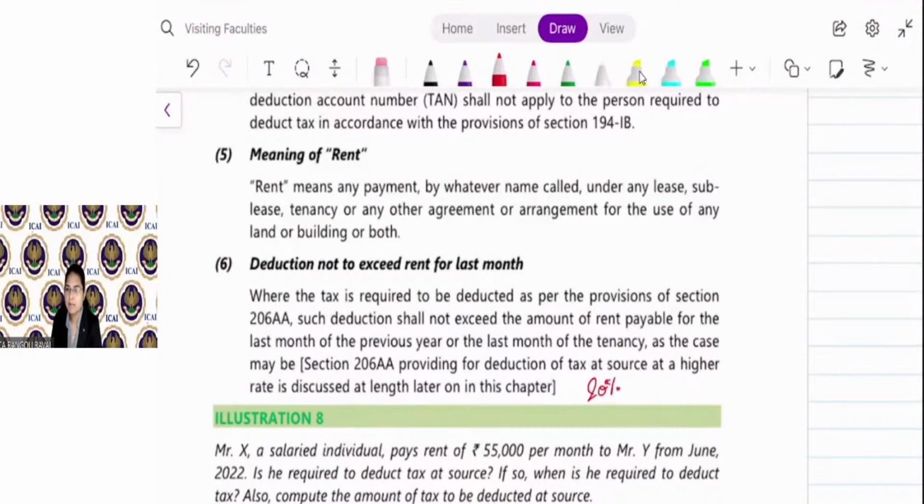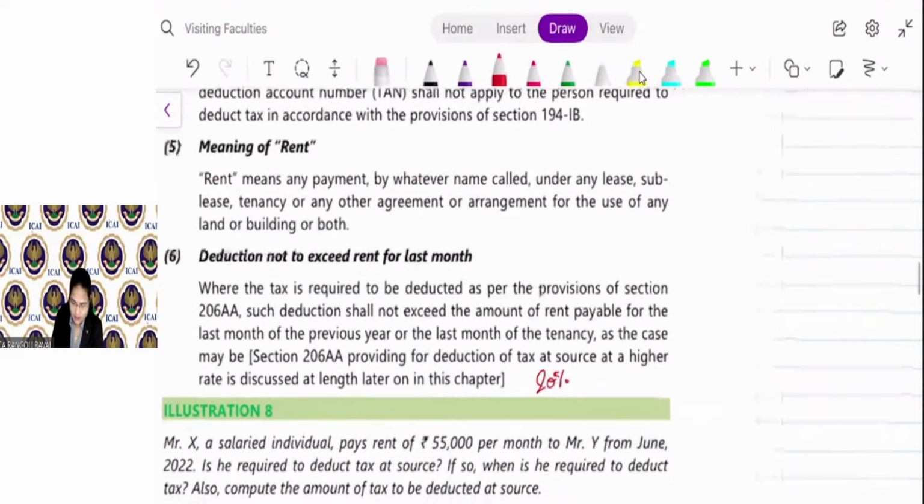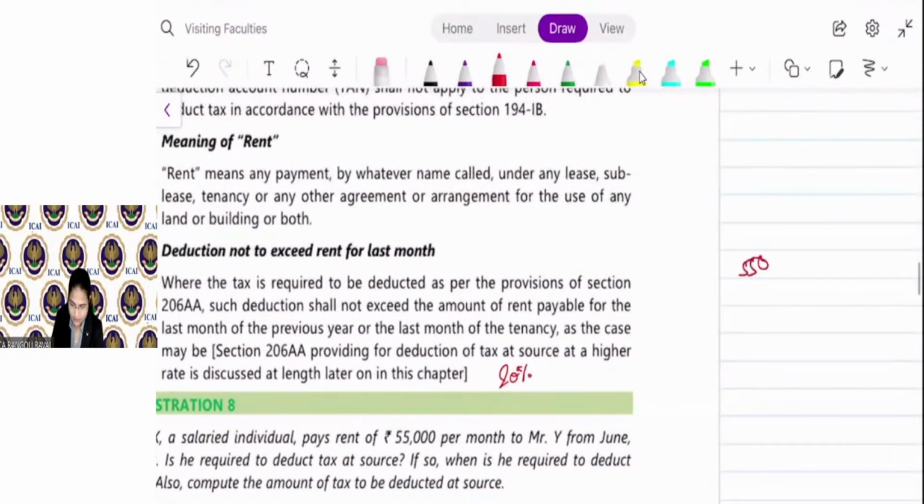Now say for example, the last month rent is 55,000 and at 20% the TDS is 1 lakh. So the TDS amount is more than the last month rent. So in this case, your TDS is restricted to the last month rent. Why?